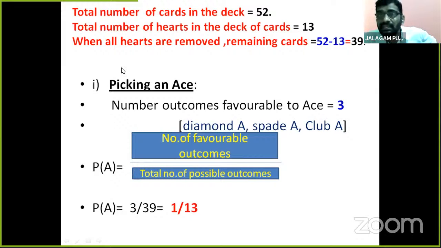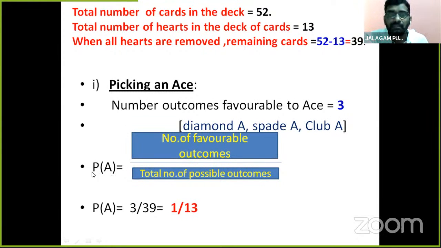So here remaining 3. And also total hearts are removed. Hearts are 13. 52 minus 13 is 39. 39 is our total possible outcomes.